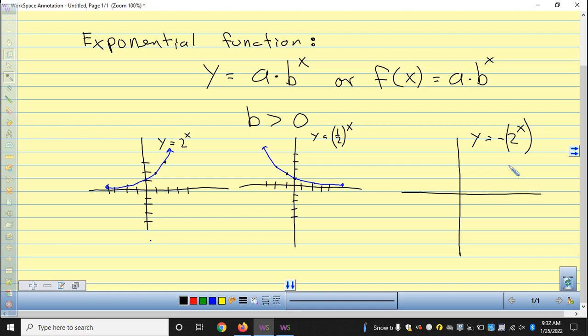So for y equals negative 2 to the x, we do the exponent first and then make whatever we get negative. And anytime we have something like this, that graph is going to look more or less like this.